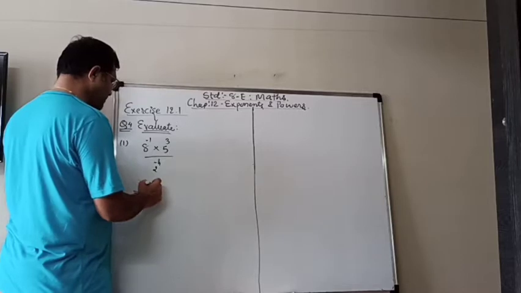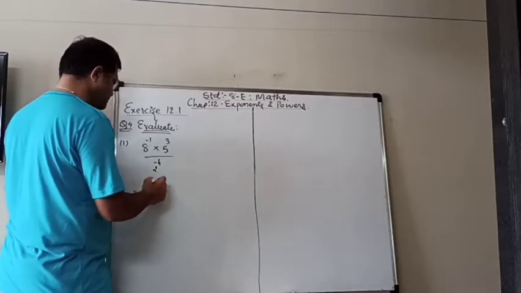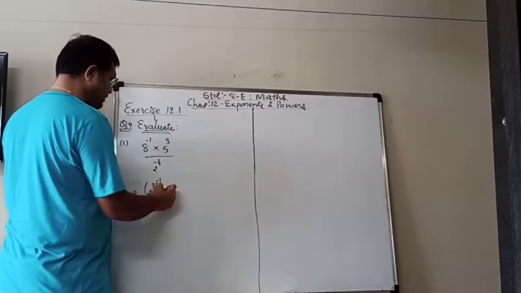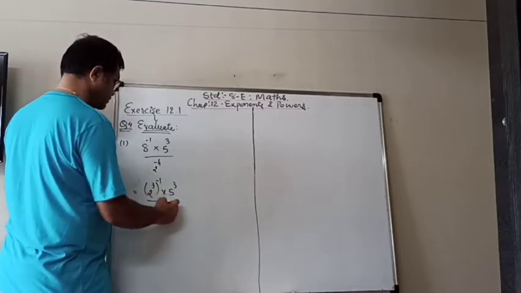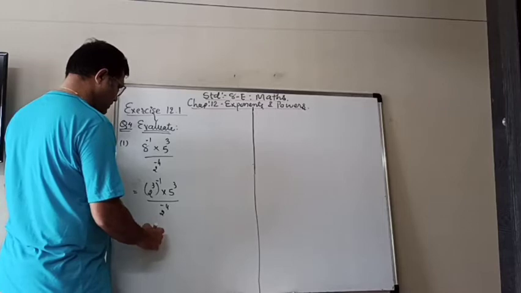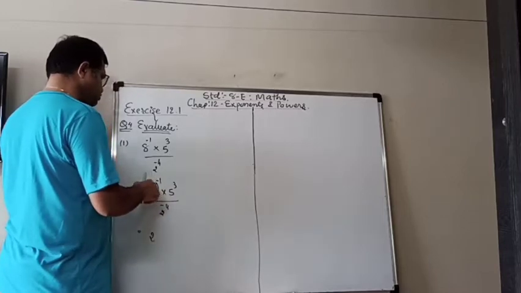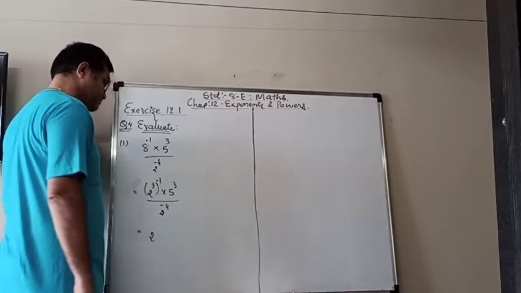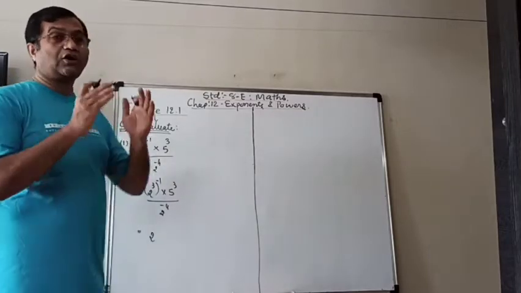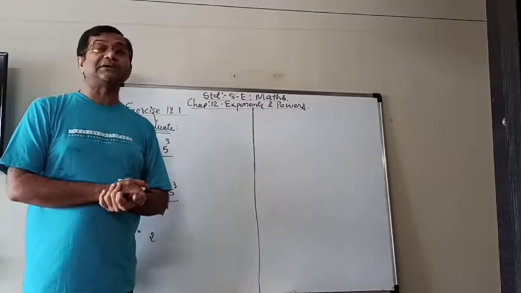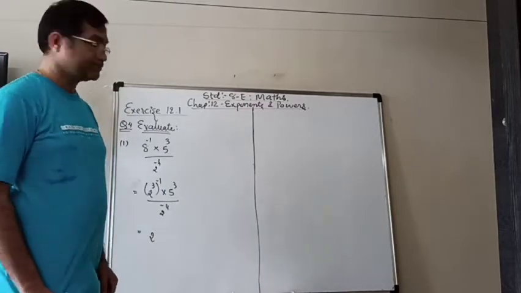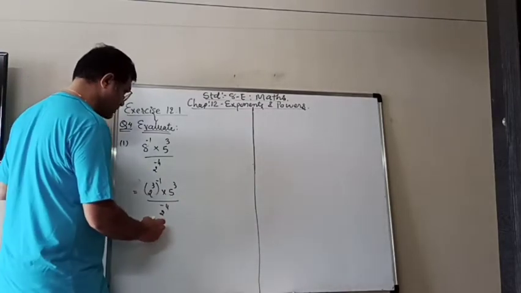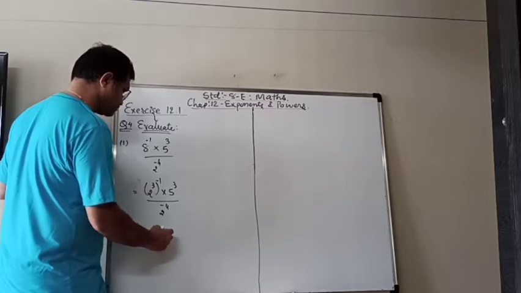So in place of 8, I write down 2 cubed and then power minus 1. So here it will be 2 raised to 3 raised to minus 1. So when power of the power, then powers are multiplied. So here we have to multiply 3 and minus 1. So 3 multiplied by minus 1 will be minus 3.